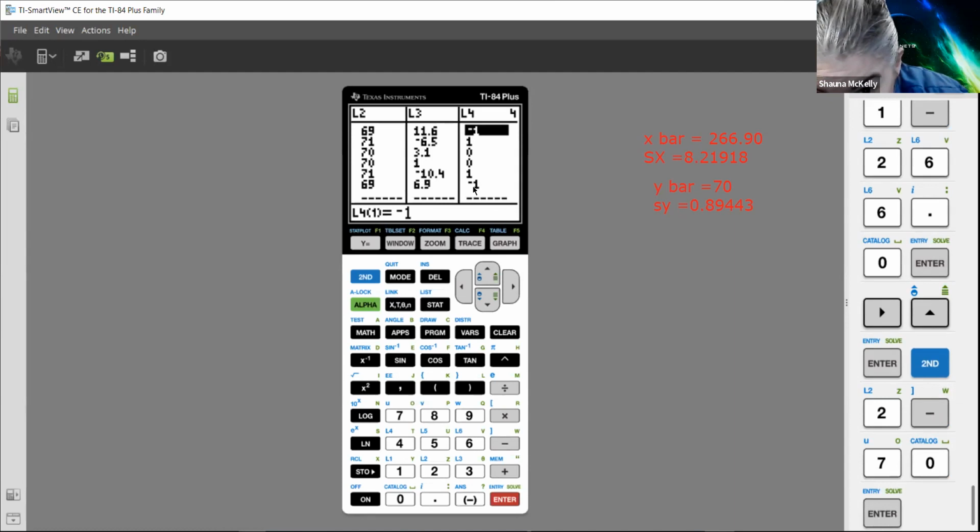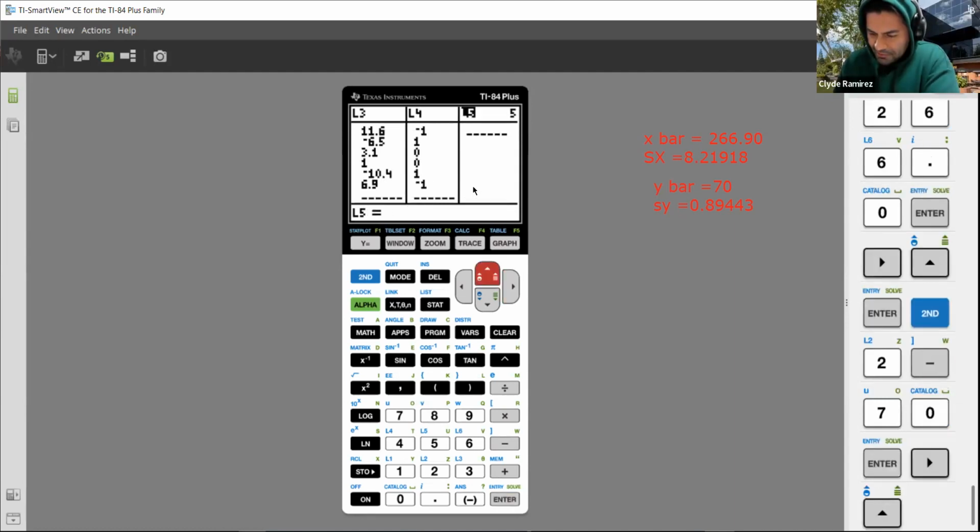So we're going to make another column over here, L5, and we're going to multiply L3 by L4. I'm going to come up there, highlight L5, enter.